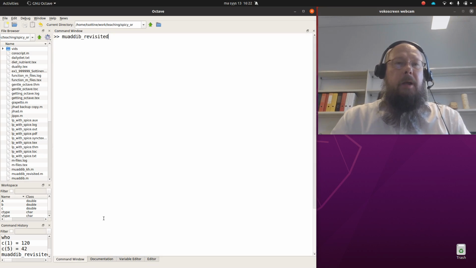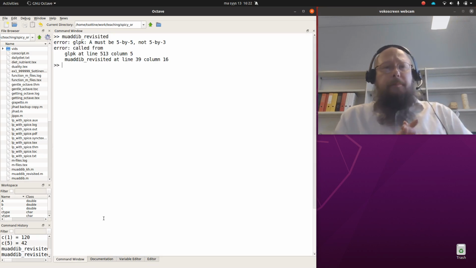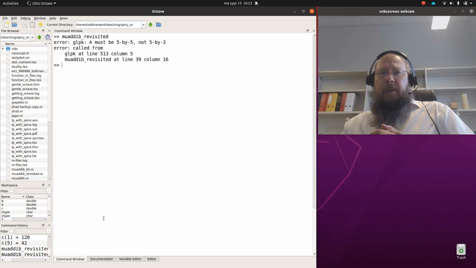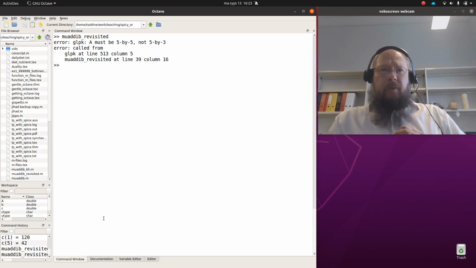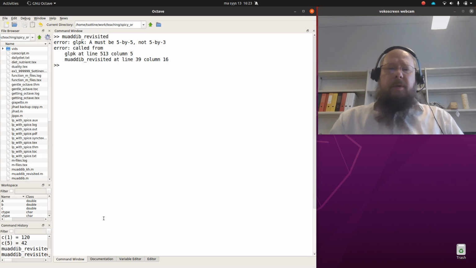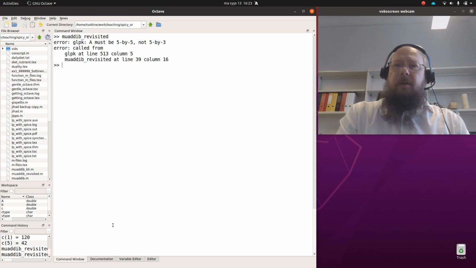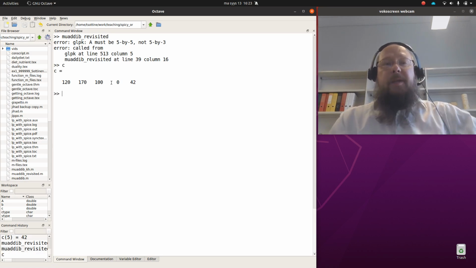I clear the screen. I tried to run this moatip revisited, and it says that A must be 5 by 5, not 5 by 3 matrix. And how is this? I mean, of course, that must be correct, not 5 by 5. And the problem is here because some time ago I played around with this C, and now if I just type C, it will be like that.